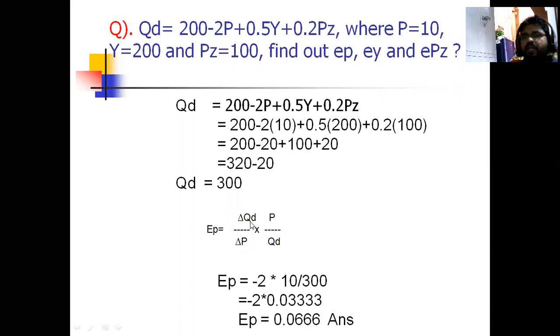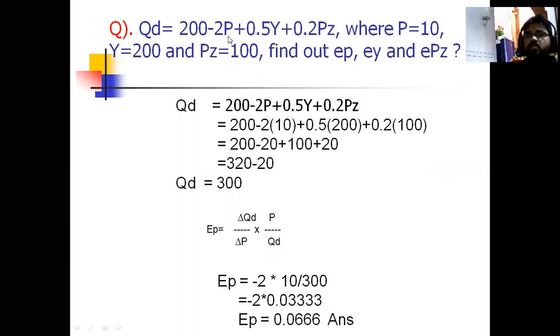So what is delta QD and delta P? It means change in quantity demand due to change in price, change in quantity demand per unit change in price. Here they have already mentioned that QD is equal to 200 minus 2P. In the general mathematical equation, if you take the P value only, QD is equal to 200 minus 2P.